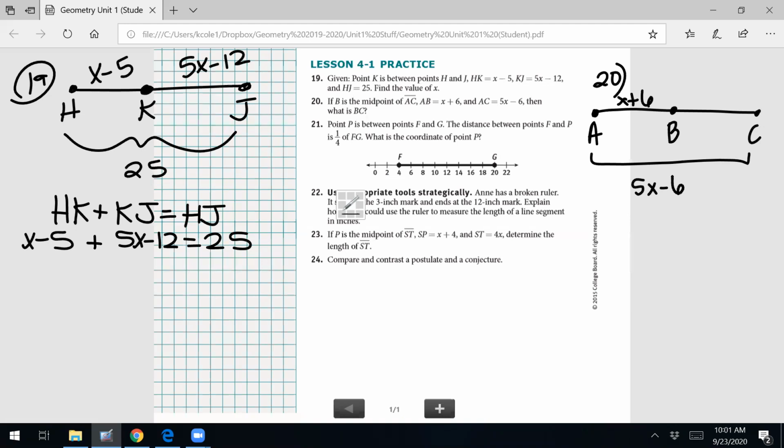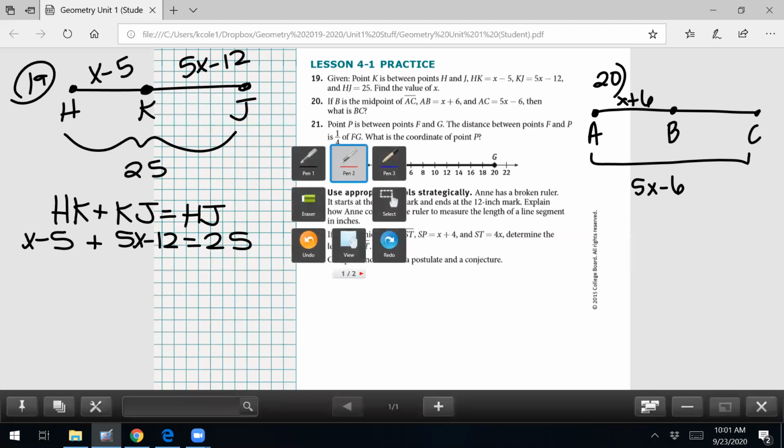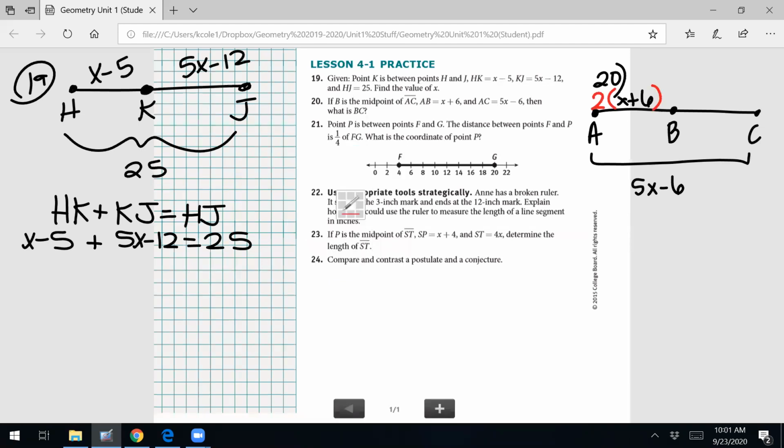Okay, so how am I going to do this? Good, because there are going to be two of these, because whatever this is, that has to be the same thing because it's the midpoint. So you've got 2 times X plus 6 equals 5X minus 6. So you're doubling that smaller piece and then setting it equal to the entire thing.